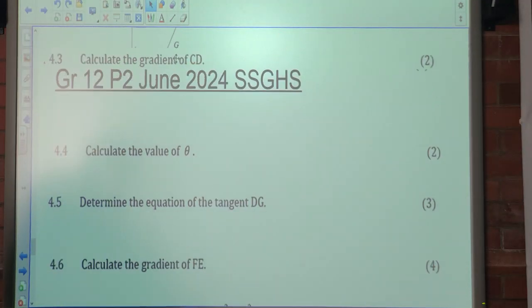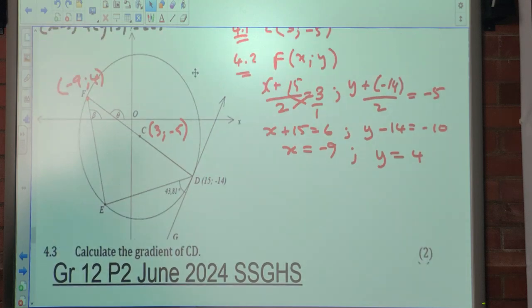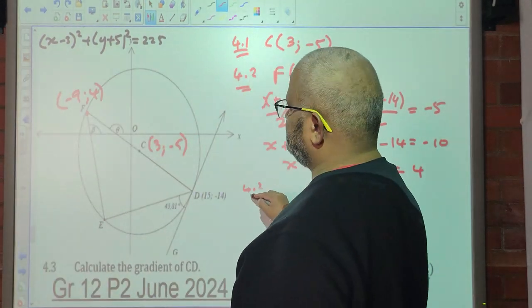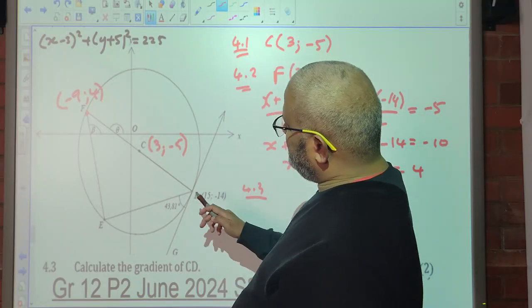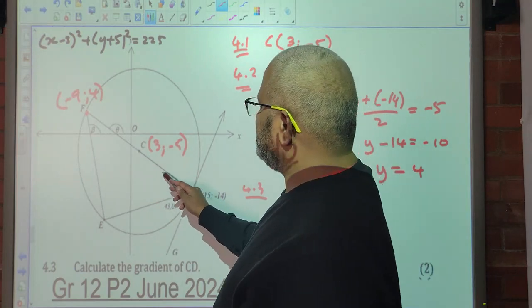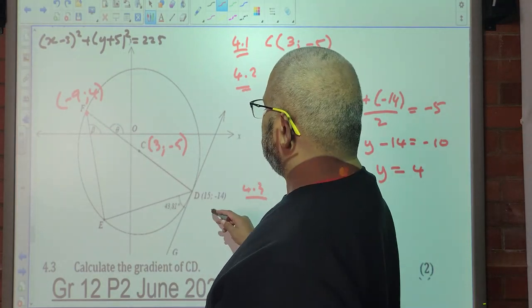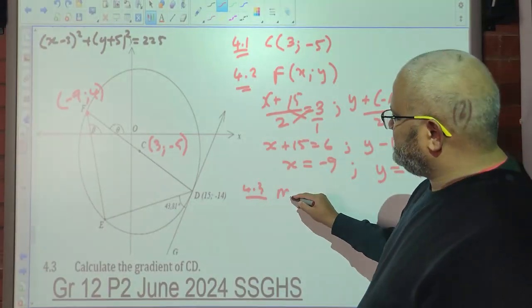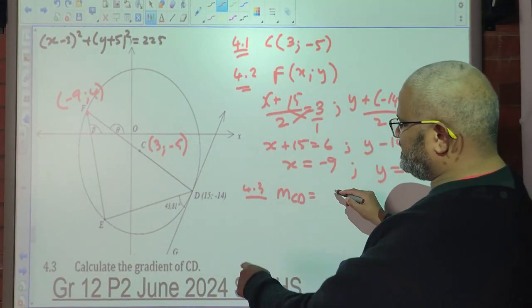Next question. Calculate the gradient of CD. CD's gradient is the same as FD's gradient, which is the same as FC's gradient, no? So the gradient of CD is going to be change in y over change in x.